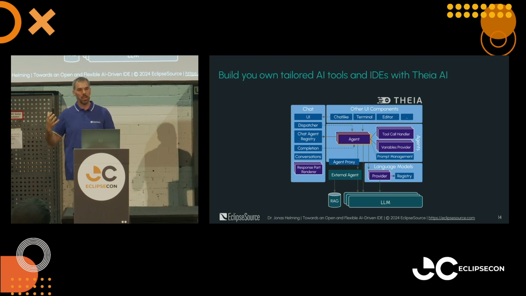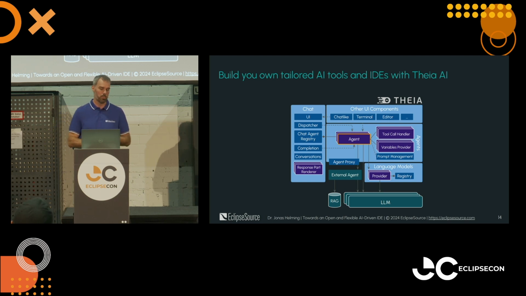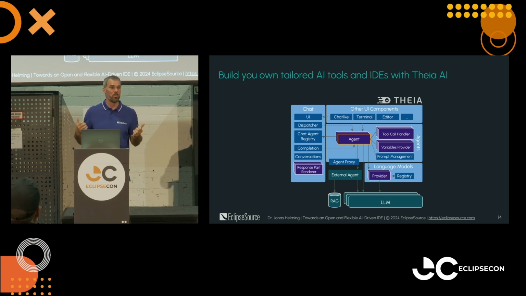The underlying thing that enabled us to build this very efficiently is a framework called Theia AI, which is actually used by quite a lot of projects already. The purpose of this framework is to build things like this, but you can also use Theia AI for non-code centric tools, like domain-specific tools. You can integrate it with diagrams, with forms, custom languages, anything.